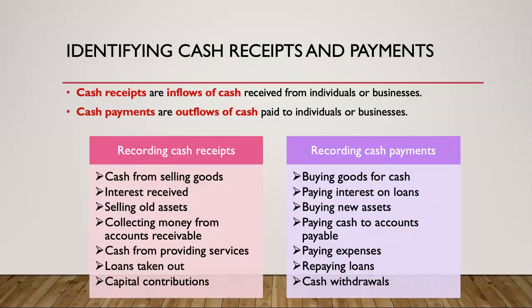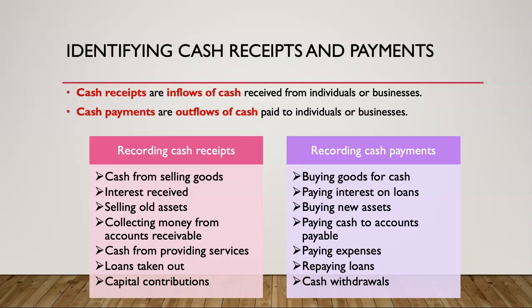And there are a number of situations where we might receive cash or a cash receipt, or pay cash or have a cash payment. For example, cash receipts can come from cash from selling goods, interest received, so we get interest from one of our investments. We could sell an asset, collect money from accounts receivable, so a credit customer finally pays us back.